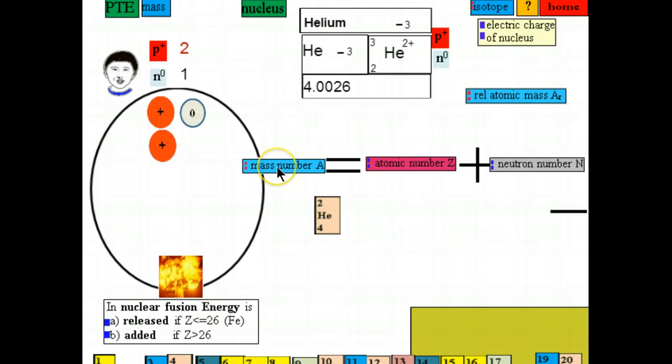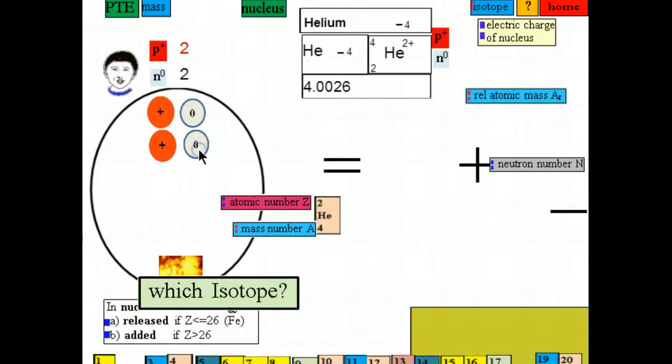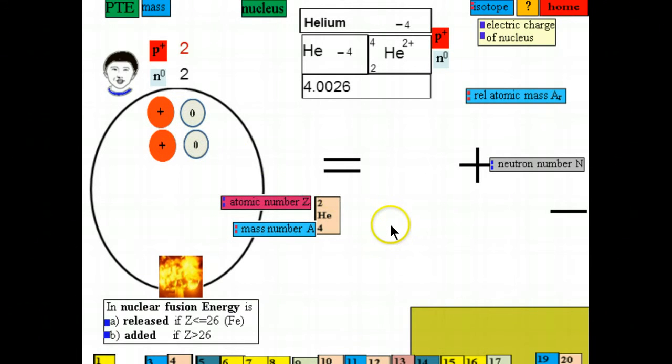So for helium-4, this is the mass number. The mass number is up here, that is number 4, and the atomic number is Z. That's all you get. So here we have helium-4 with a mass number of 4 and atomic number Z. And your job now is to calculate the neutron number.